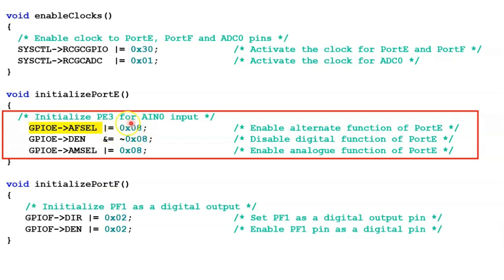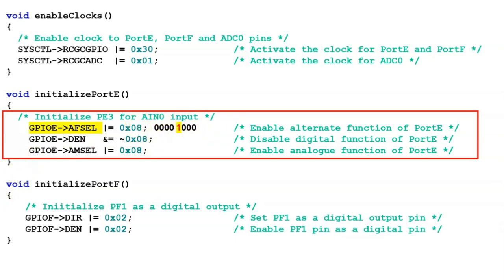If we look at this hex value here, 08 hex, and translate it to binary, it's 0000, representing the 0 here, and then 1000, representing the 8 here. So this is the binary.